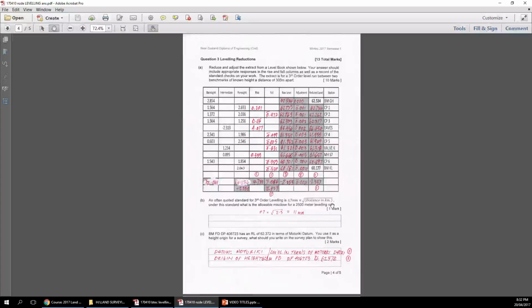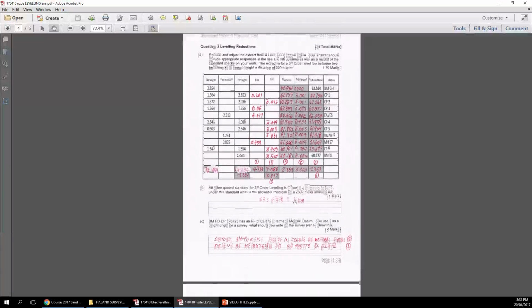Rather than use the misclose from the previous question, which would have impacted this one if you got it wrong, I introduced a totally new question. So the answer, you should have used 2.5, and a majority of people did, but some people didn't. Some people used the 300.